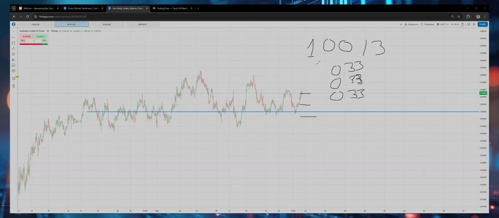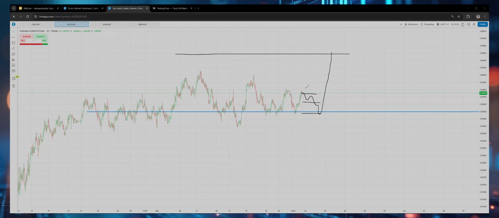But if you're waiting for the market, you need to have a higher expectation. You can have one here and another one here. So basically fulfill the first order, then the second, then the third, and you're expecting at least a move somewhere here. Otherwise, your risk to reward won't be enough.